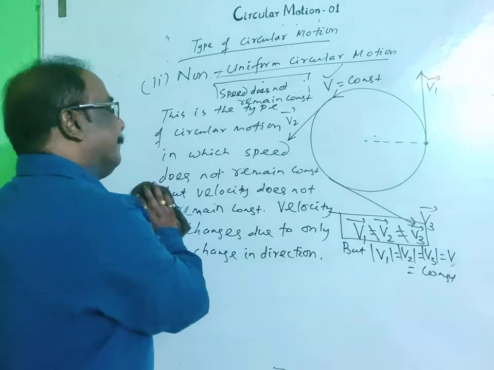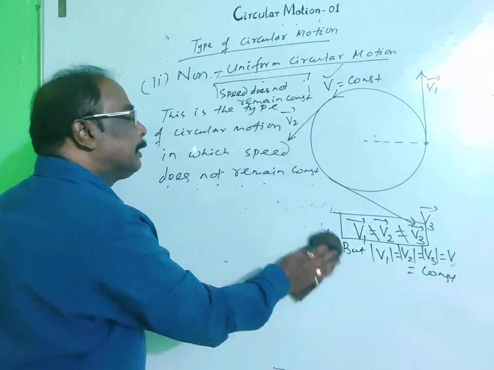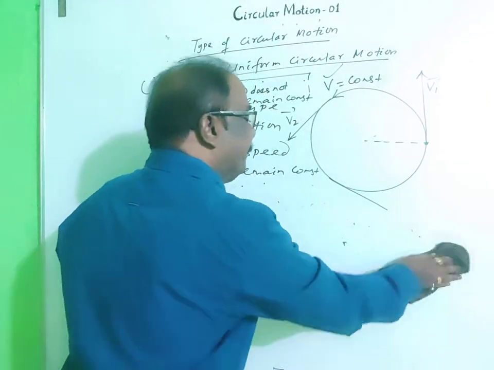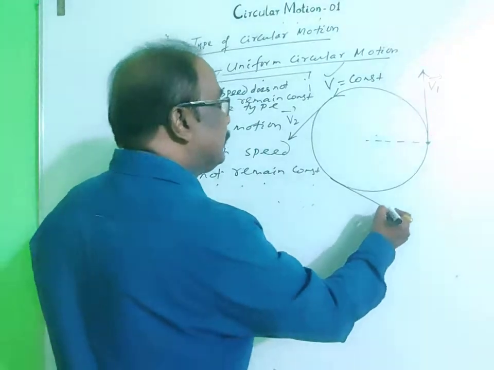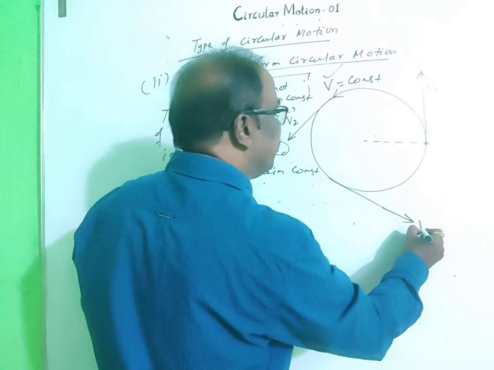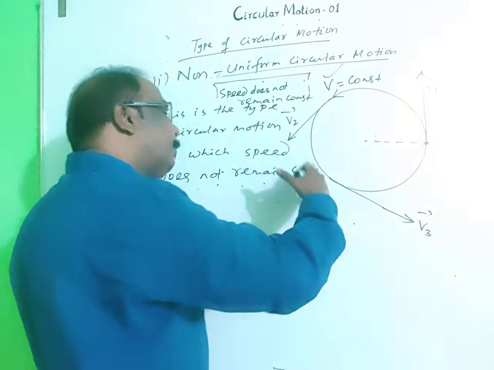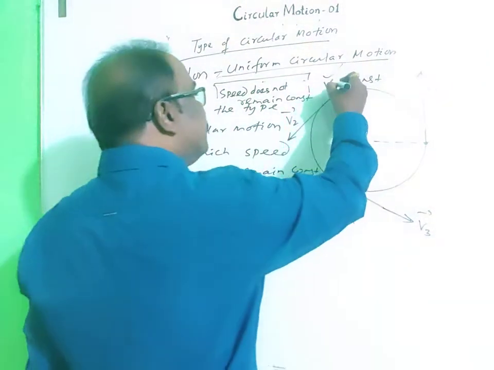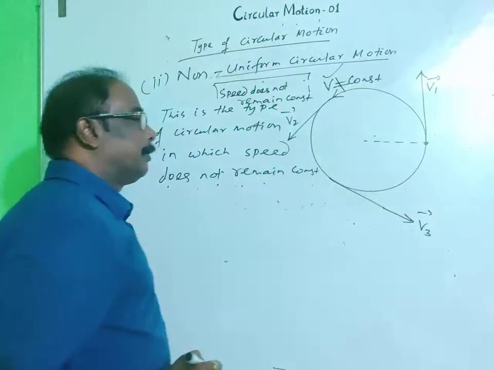Okay. Speed doesn't remain constant, but you see, if a particle moves in curved path, then direction is changing always. Direction always changes, but here speed is not constant.